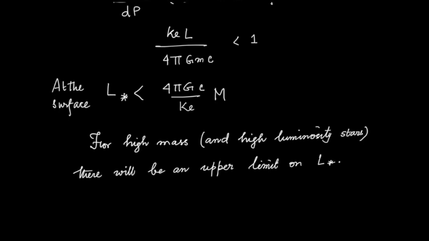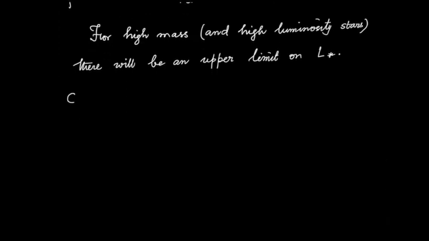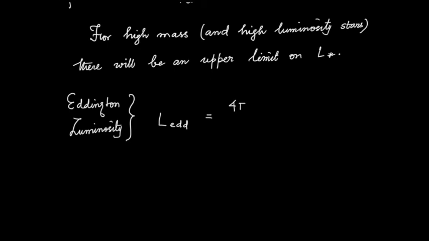there will be an upper limit on the luminosity. If it is anything more, then there will be enormous radiation pressure which will blow the star apart. This is called the Eddington luminosity. Essentially, this gives you the luminosity limit of not only a star, but any object, which cannot have more than the Eddington luminosity.